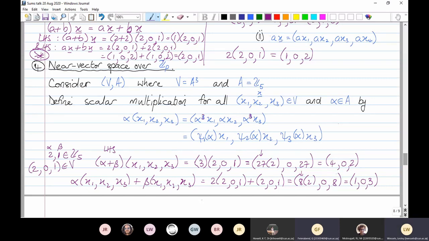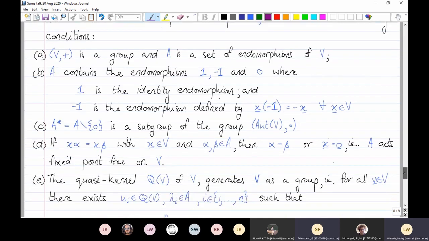Okay. But so my question is, to be a near vector space, is there any number of properties that are required?